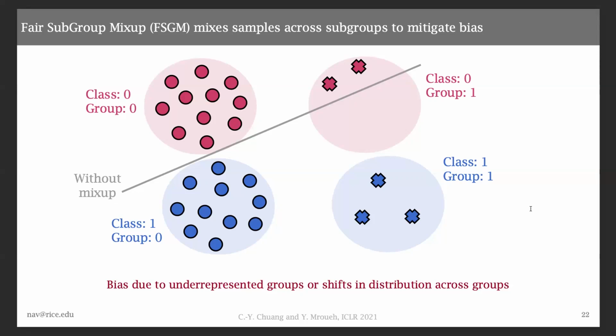For example, you could have imbalanced representations of different groups, or you could have shifts in distribution across groups. So for example, if I were to use an SVM model to classify this data in this example, we would consider this unfair according to demographic parity because the ratio of predictions that are class 0 to class 1 for group 1 is much smaller than the ratio for group 0. We might have to trade off accuracy for this, but we would want the model to have balanced treatment for every group.